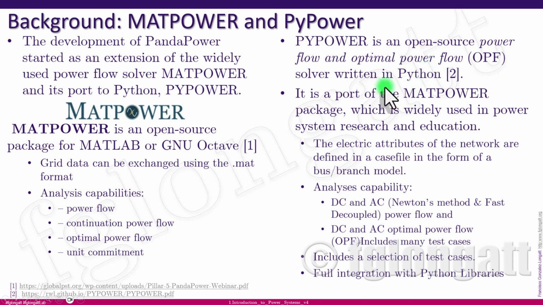So from MATPOWER we get PyPower, and PyPower today has the possibility of analyzing DC and AC optimal power flow, and traditional power flow. For traditional power flow, the Newton method is applied together with fast decoupled. There are many examples, and if you go to GitHub, you can find many test systems. And also, PyPower allows the integration with many Python libraries.